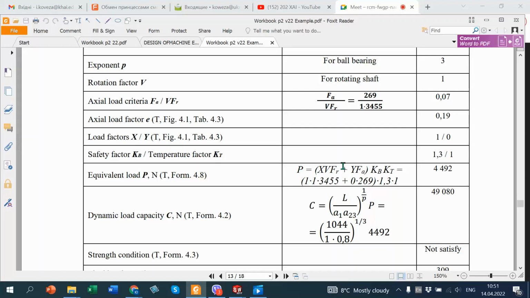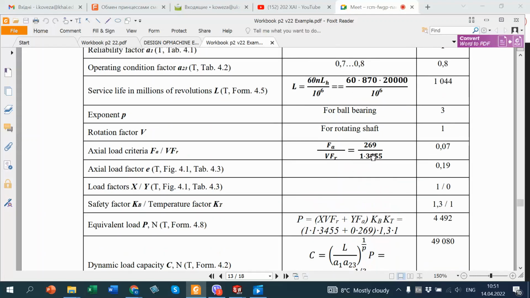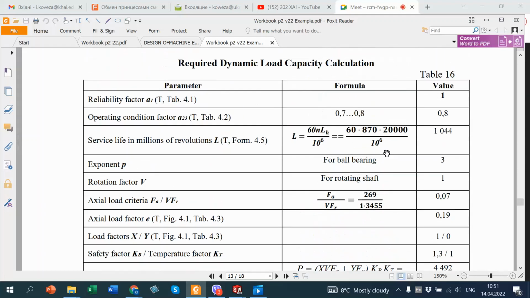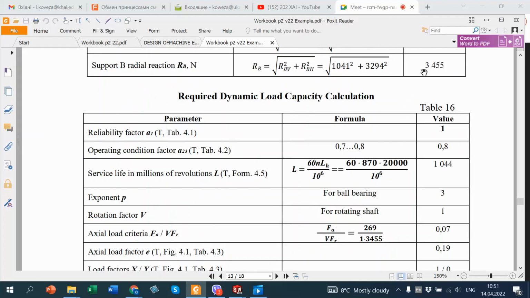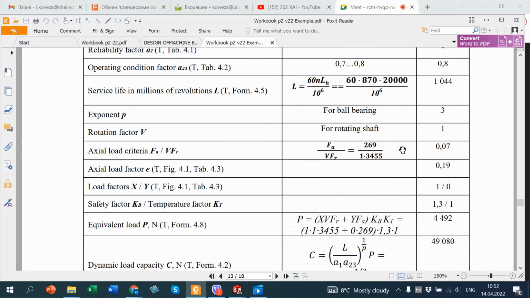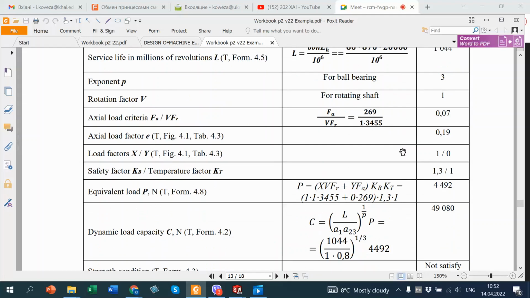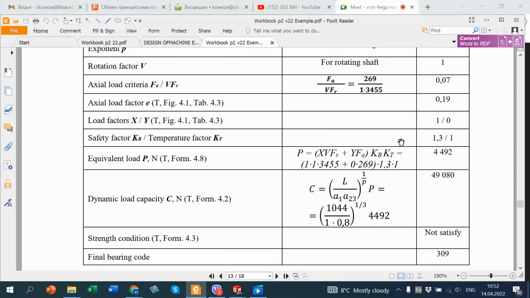But radial force is a radial load, it is not radial force in contact. So finally, load capacity looks like here.